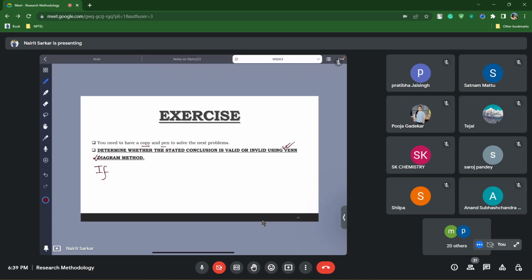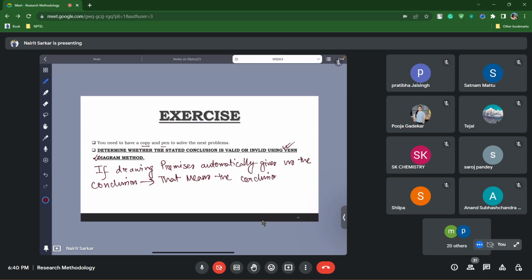If drawing the premises automatically gives us the conclusion, that means the conclusion is valid.